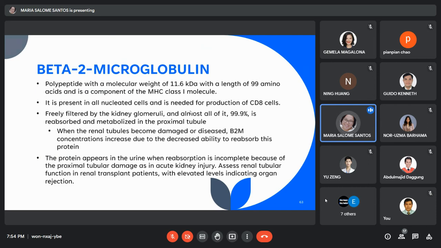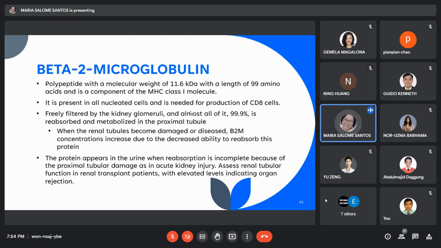Next is beta-2 microglobulin. It is a polypeptide with a molecular weight of 11.6 kilodaltons with a length of 99 amino acids and is a component of the major histocompatibility class 1 molecule. It is present in all nucleated cells and is needed for production of CD8 cells.